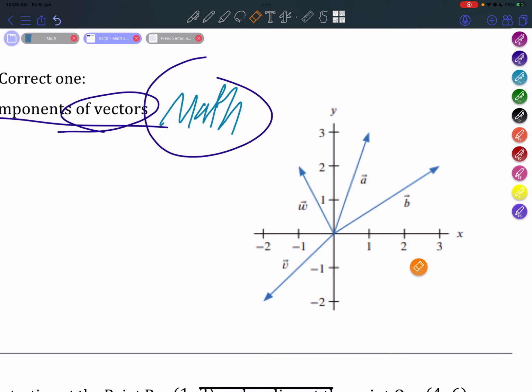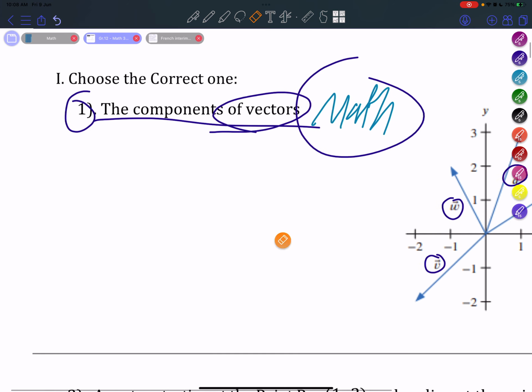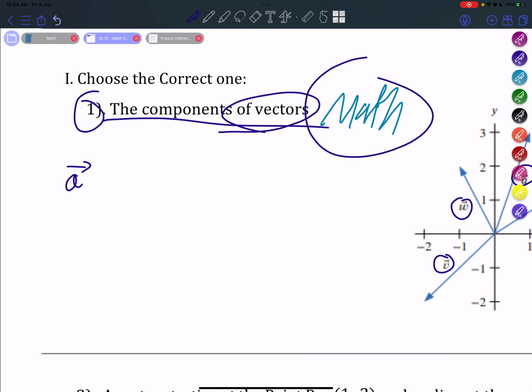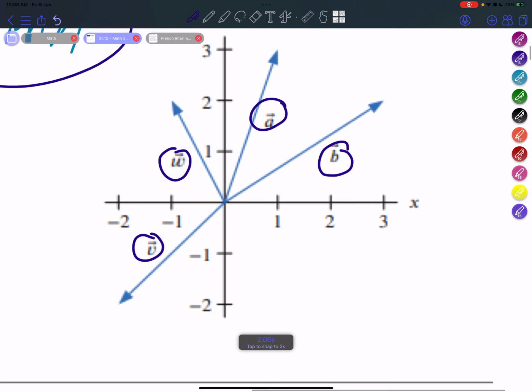We have the vectors A, B, W, and V. Let's write each one here. Vector A, the arrow symbol means vector. We've got vector B, vector V, and finally vector W. Basically, we take the initial point, which is at 0, 0, and then the final point, and we do final minus initial.